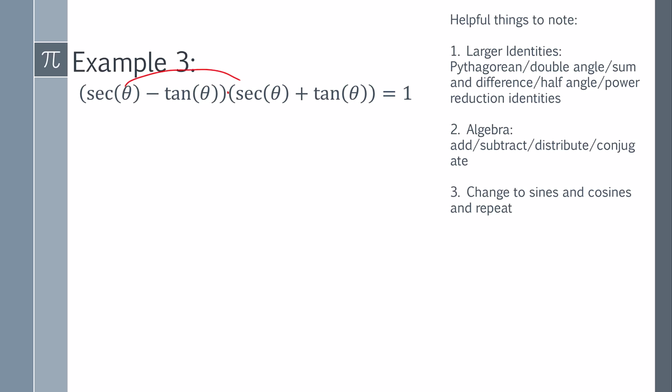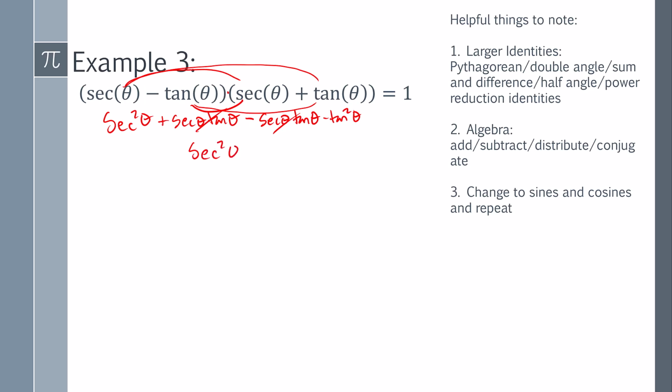So secant times secant, the secant squared theta, secant times tangent is secant theta tangent theta. Multiply those two, minus secant theta tangent theta, and then the last minus tangent squared theta. Well, these cancel out, so I get secant squared theta minus tangent squared theta.